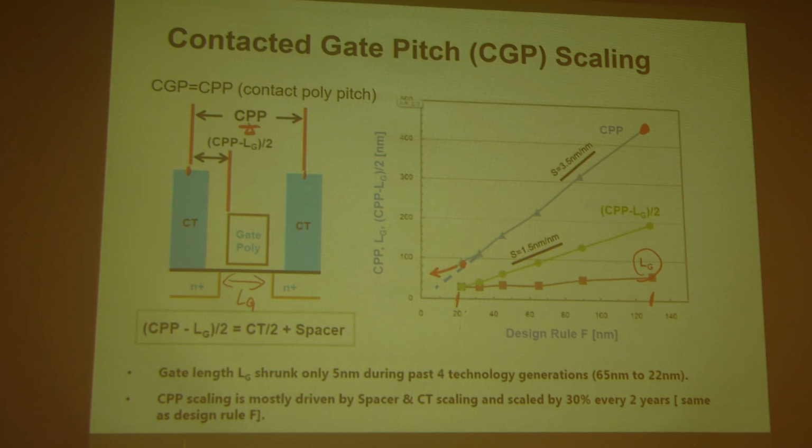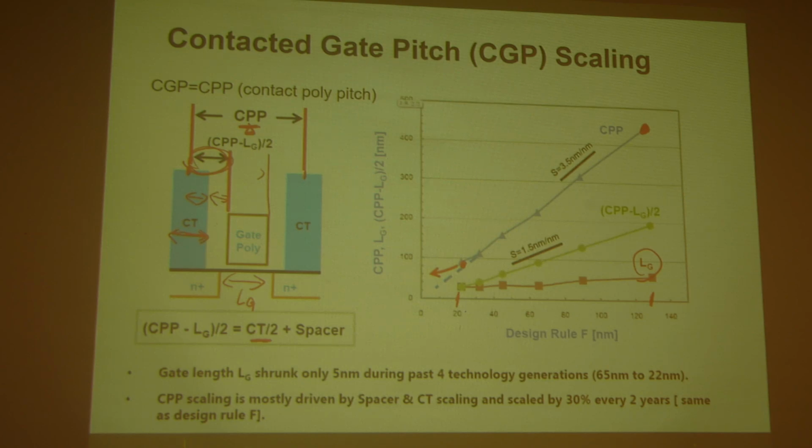Since LG is not scaling and CPP is scaling, what is really scaling is this part, right? If you think of LG as a constant, then of course LG scales a little bit, but mostly what is scaling is this part. And this part actually has two components. One is the contact size itself: let's say CT is the diameter of this contact, then half CT. The second one is the spacer.